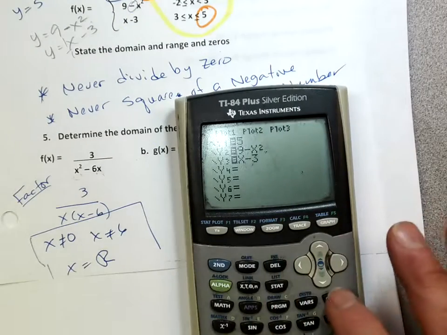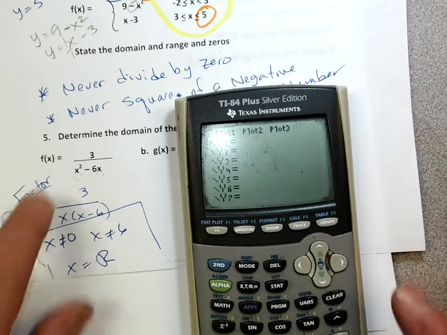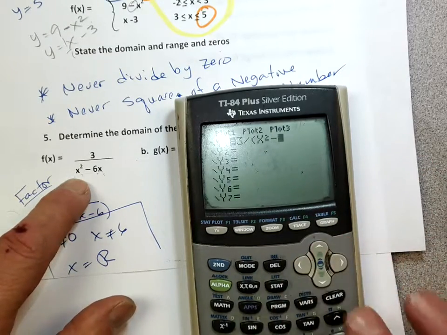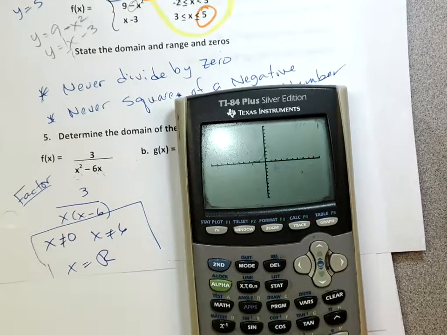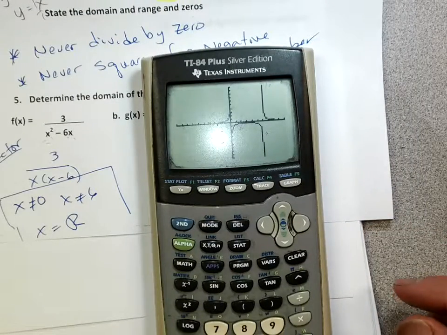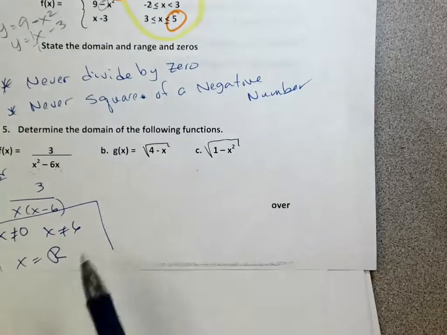So if you graph this, clear, and you did a 3 divided by parentheses, x squared, subtract 6x, right? I graph this. If I take a look at my calculator, there's some weird things going on at 0 and at 6, aren't there? There's some asymptotes going on. We'll learn about asymptotes later, okay? But there's an asymptote at 0 and at 6. It's going crazy because it cannot equal 0 or 6.